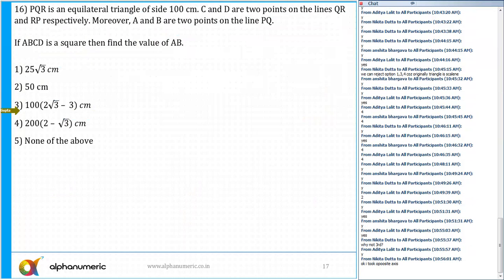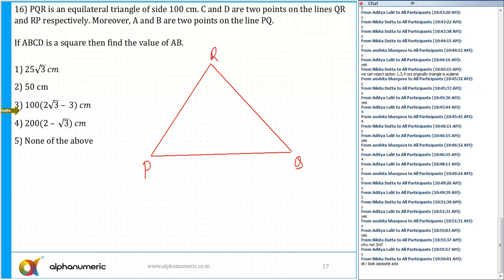It says PQR is an equilateral triangle. So we can draw PQR, an equilateral triangle, like this. So this is P, this is Q and R. Side is 100 cm.